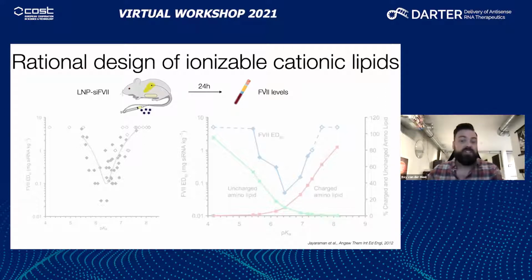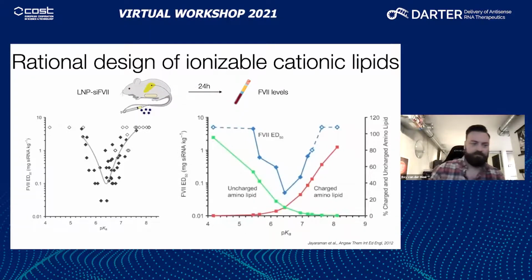So the more efficient the LNP and subsequent factor 7 knockdown, the less factor 7 there is in the circulation. The measure for that is called the ED50 of factor 7, the effective dose whereby 50% of factor 7 disappears from the circulation. So the lower the ED50, the more efficient the silencing and thus the lipid.